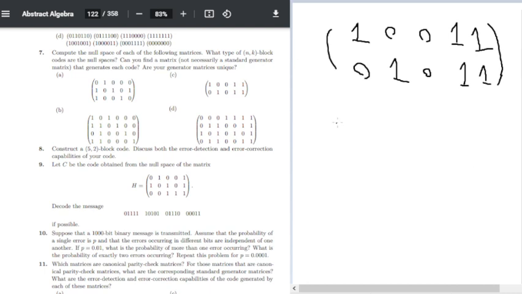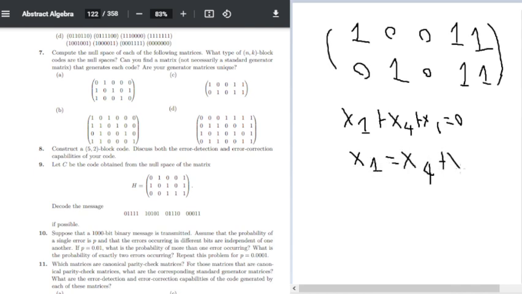So we want the condition that x1 plus x4 plus x5 equals 0, or that x1 equals x4 plus x5, and we want the condition that x2 equals x4 plus x5.